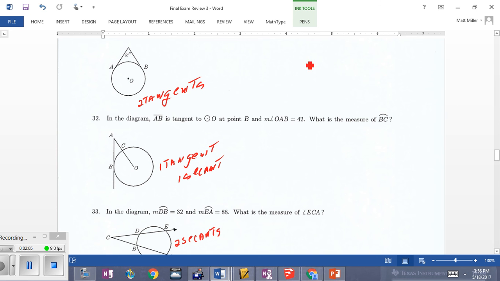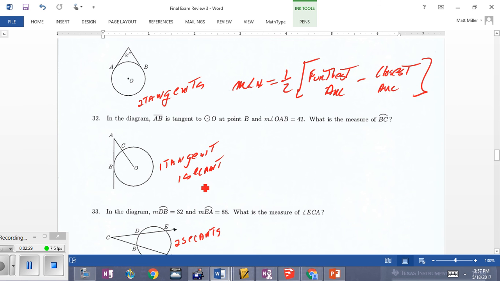Any way you look at it, the measure of the exterior angle is equal to 1/2 the difference of the furthest arc from the angle minus the closest arc. So that formula applies for each one of these.